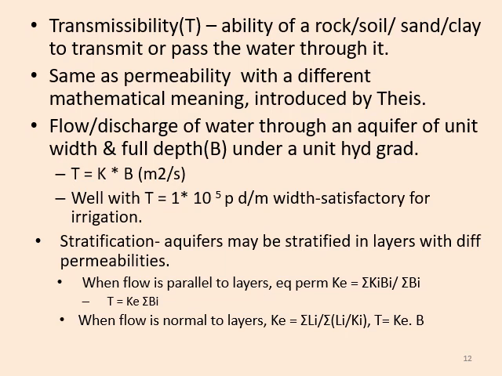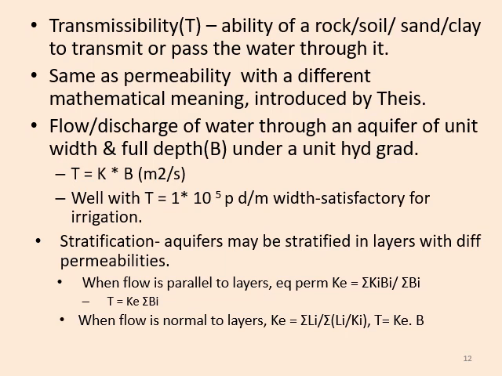For different layers of aquifer, there may be different permeability. So stratification of permeability is one term that occurs here. Aquifers may be stratified in layers with different permeability. When the flow is parallel to the layers, the equivalent permeability Ke equals summation of Ki into Bi, divided by summation of Bi.